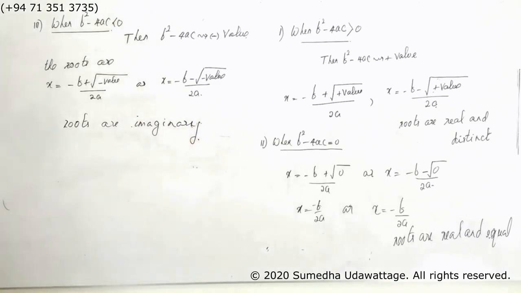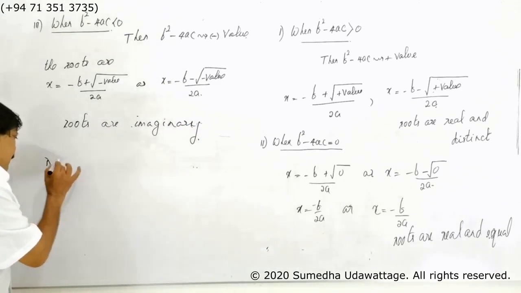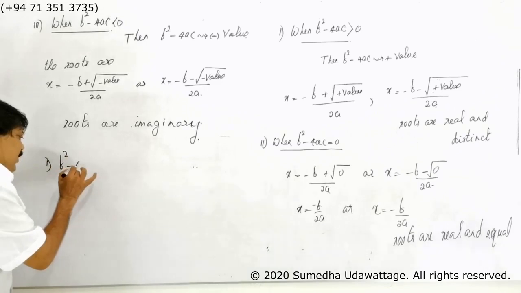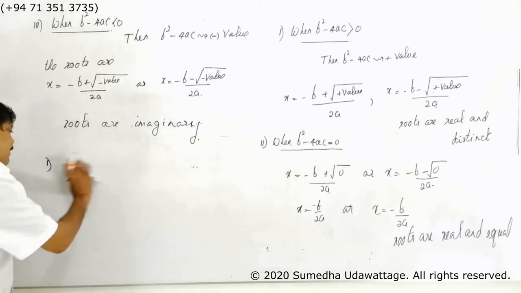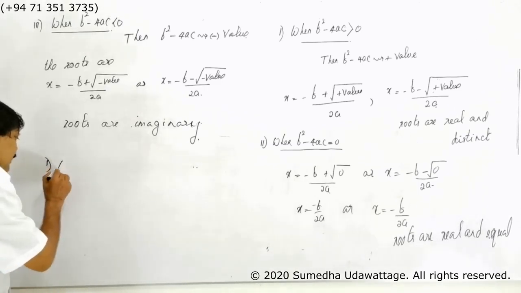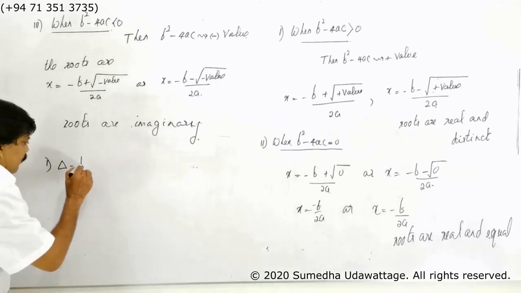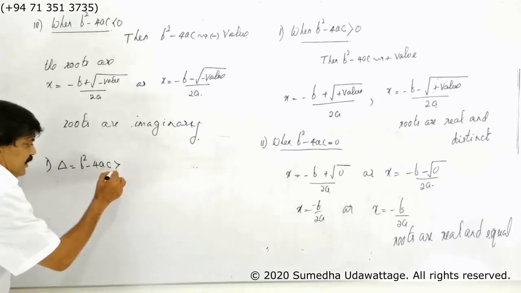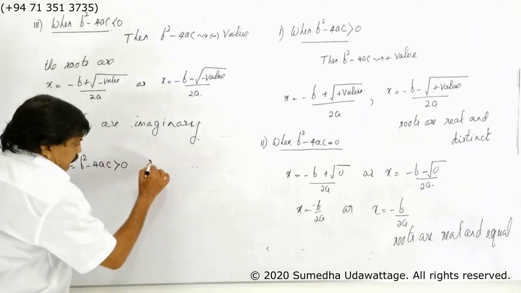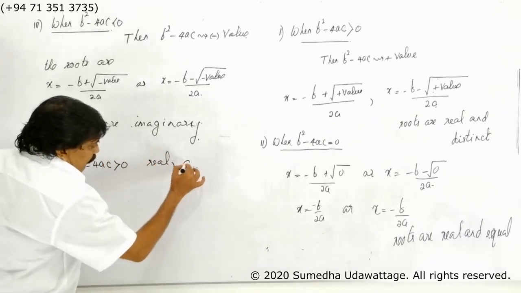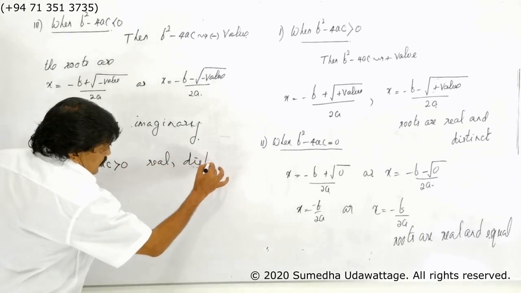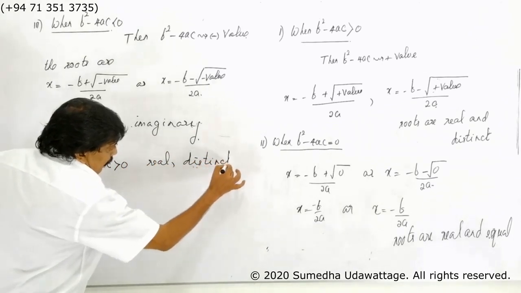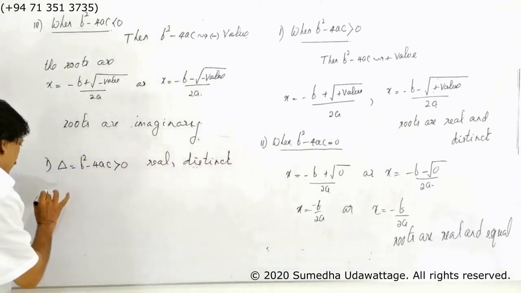Now, if we are to summarize what we were talking of: 1. b square minus 4ac, that is the discriminant, you call it delta. When delta is larger than 0, the roots are real and distinct. 2.